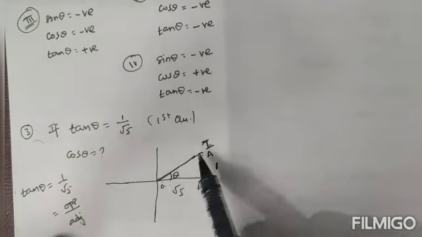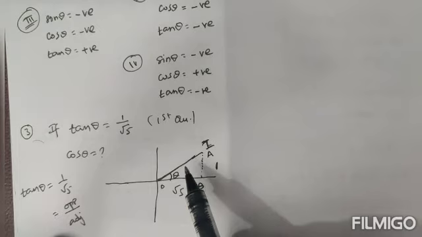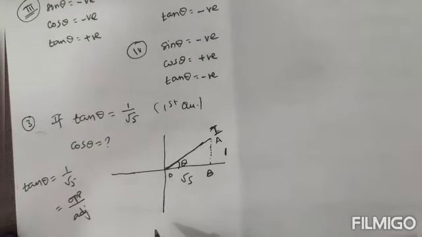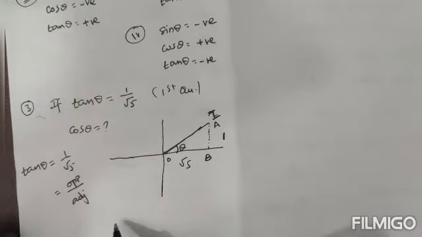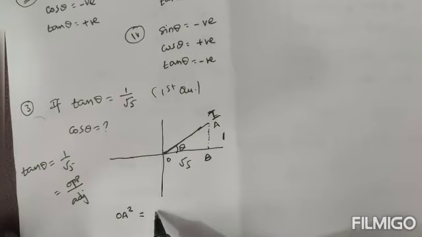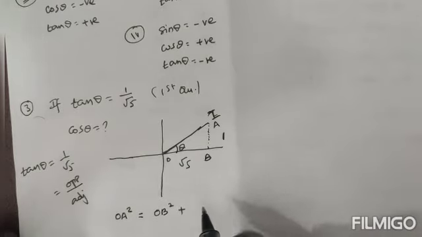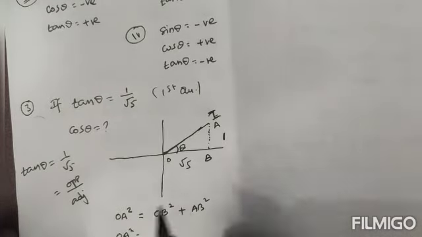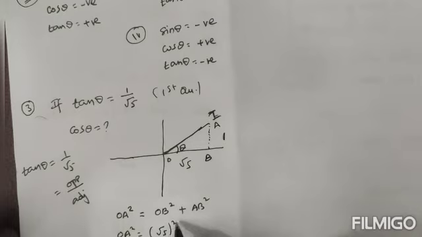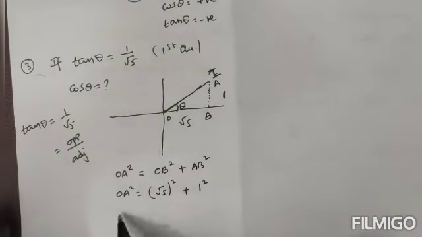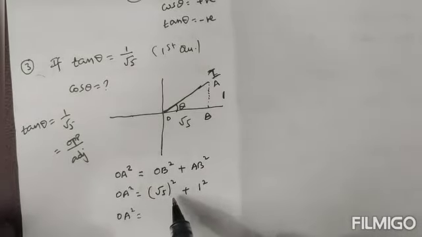In the right triangle, this is the hypotenuse. So hypotenuse squared equals adjacent squared plus opposite squared. So OA squared is equal to OB squared plus AB squared, that is root 5 squared plus 1 squared.